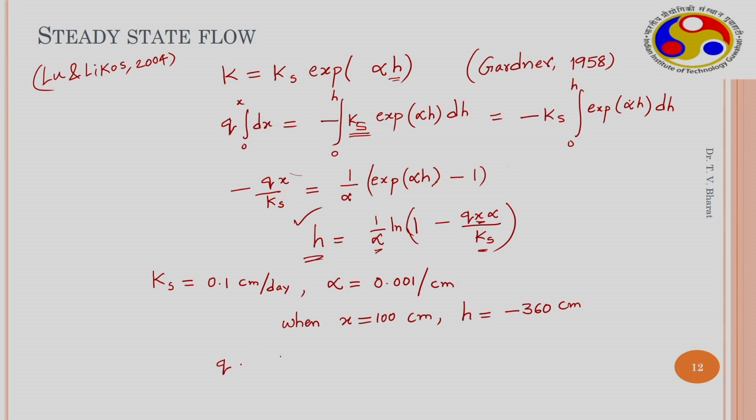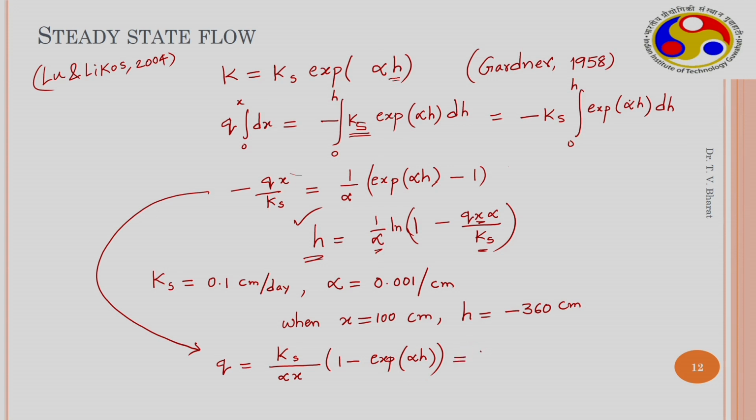So q is equal to Ks, from this expression we can write Ks by alpha x into 1 minus exponential of alpha h.